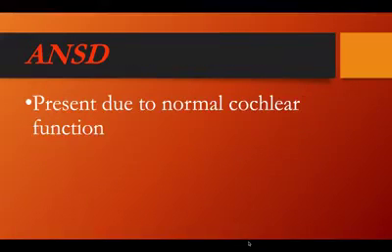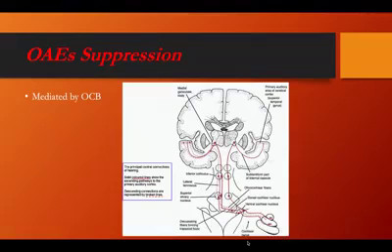It is also used in auditory neuropathy spectrum disorder to diagnose that neural disorder, where otoacoustic emissions are present due to normal cochlear function and the ABR is absent. Otoacoustic emission with suppression is mediated by the olivocochlear bundle.